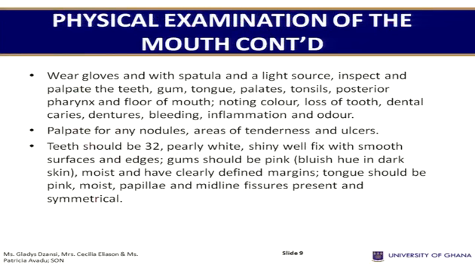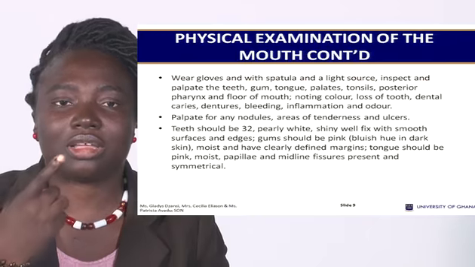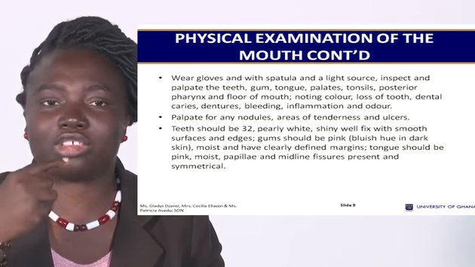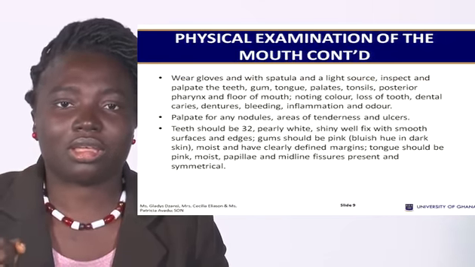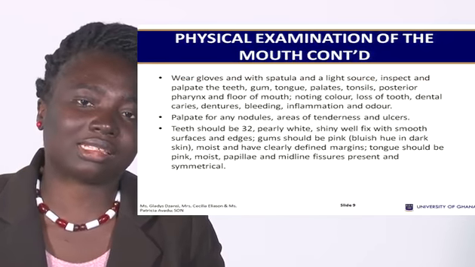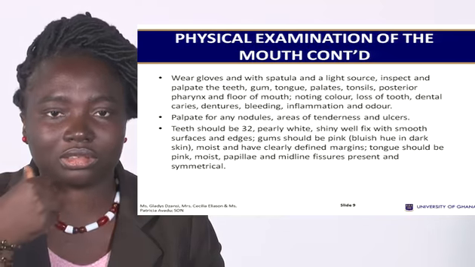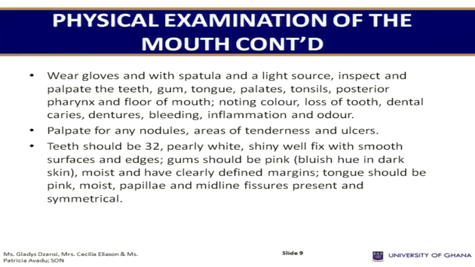Then, whilst wearing the gloves, use your gloved hands to palpate the mouth, noting tenderness, ulcers, and nodules. You also check and palpate the gums, noting the color, and you palpate the tongue and note the strength of the tongue.